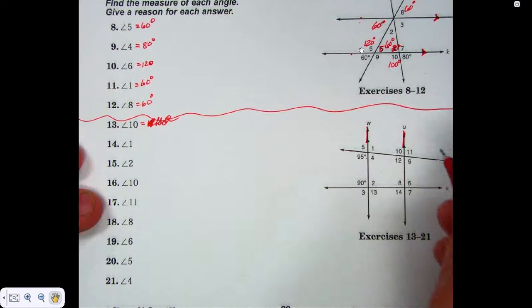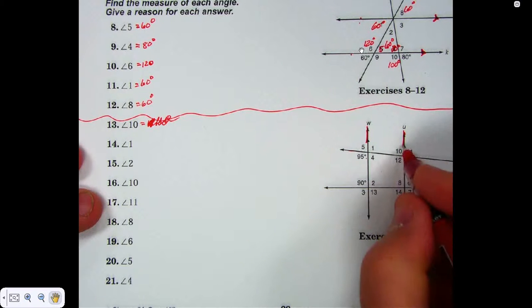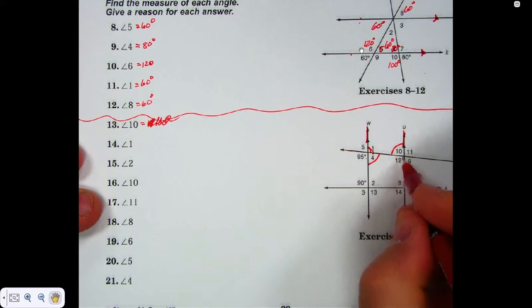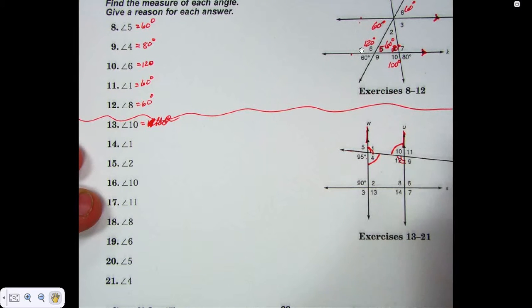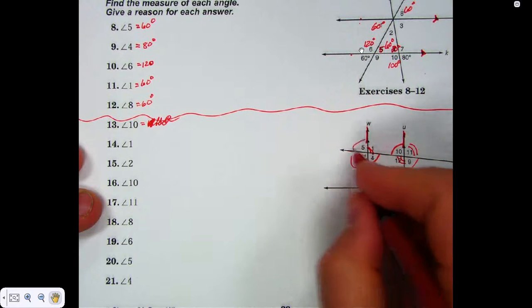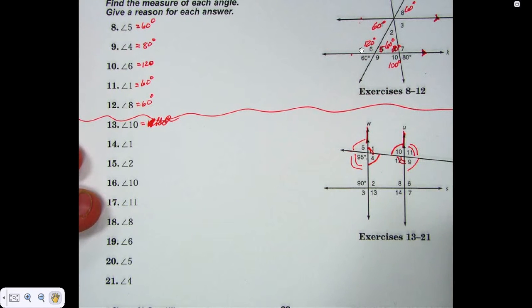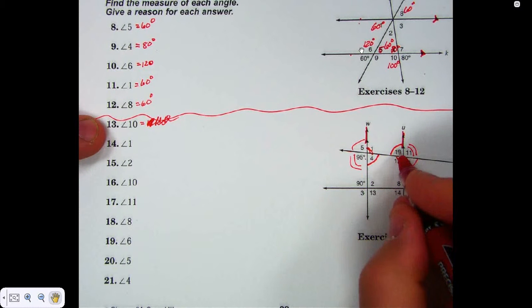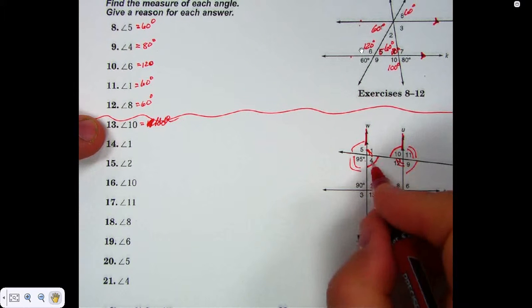And you don't have to, if you don't want to. But this is congruent to that, is it not? That's congruent to that, right? Which is congruent to that, and that, and that, right? So angle 10 is congruent to this one.